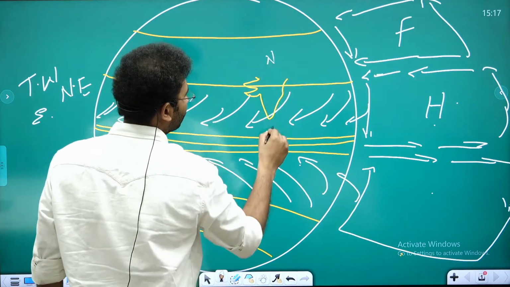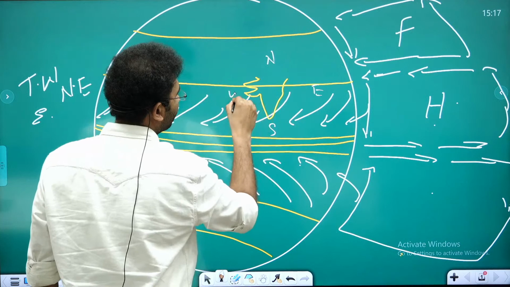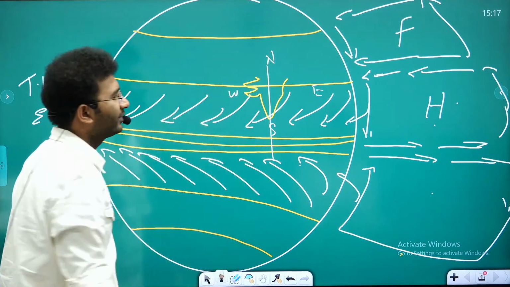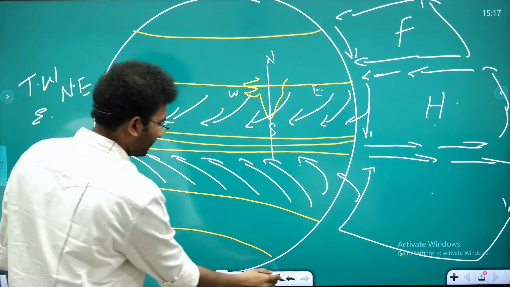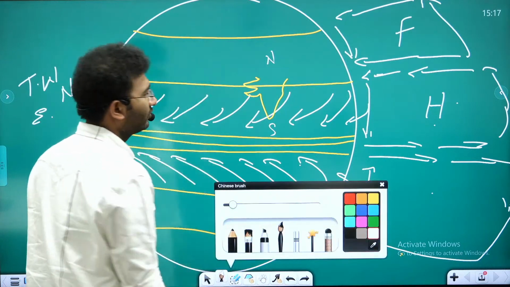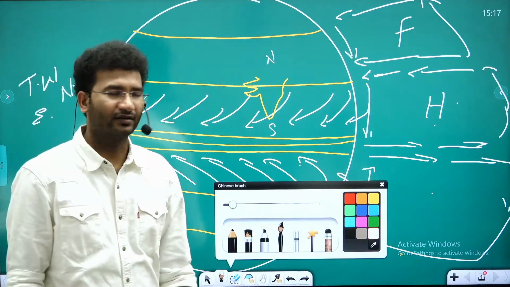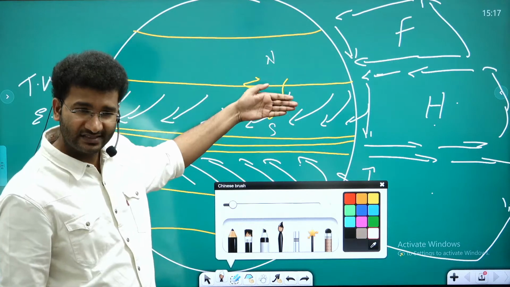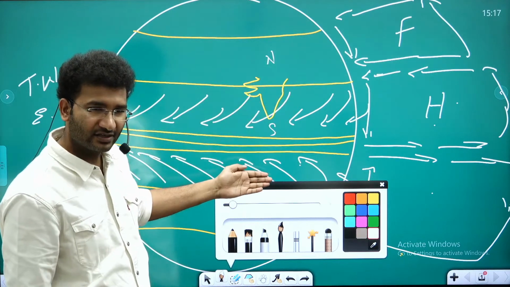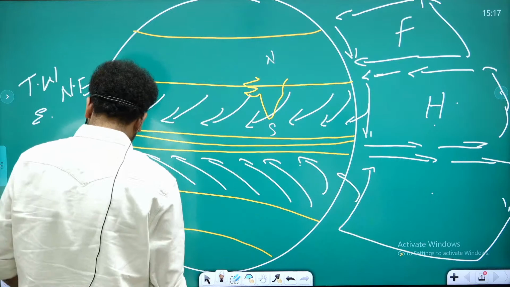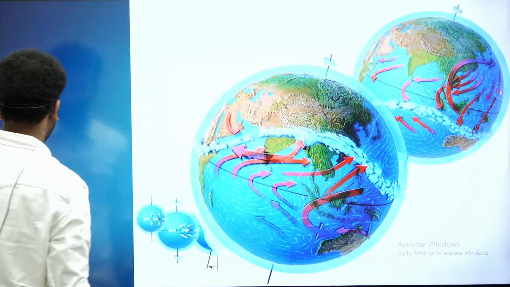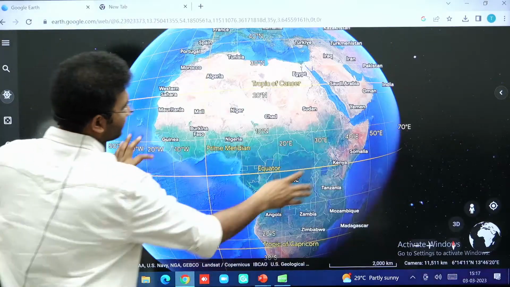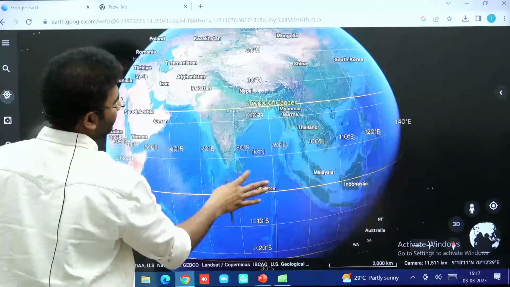This is your north, south, east, and west. You tell me what is the direction of the winds. If I broadly speak, how are the winds traveling onto India? In the north, it is northeasterlies, right? This is southeasterlies. So let me show you, in the ideal conditions, your winds will be traveling in this direction.